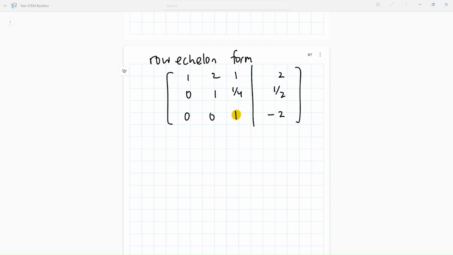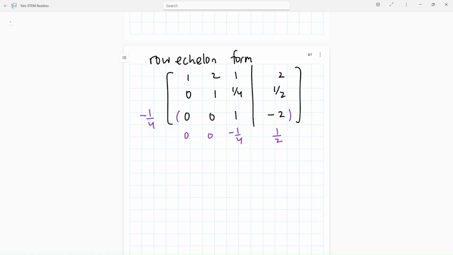So let's go ahead. What can I multiply that bottom row by so that when I add it to the middle row, it gets rid of this 1/4? Well, I'm going to multiply this bottom row by negative 1/4, right? And that's going to give us 0, 0, negative 1/4. And I think negative 1/4 times negative 2 is positive 1/2.